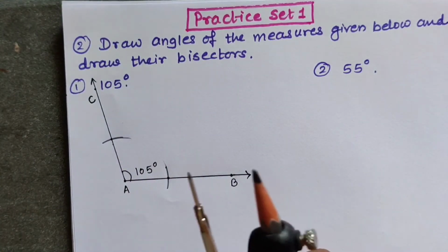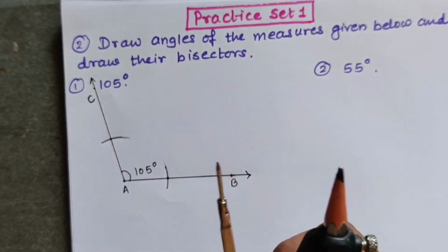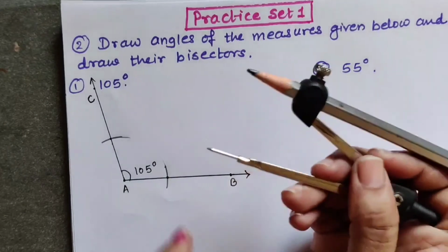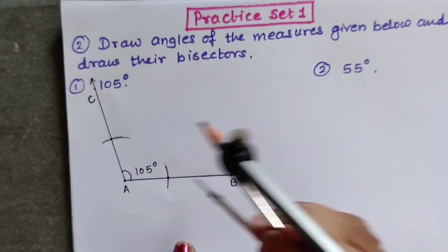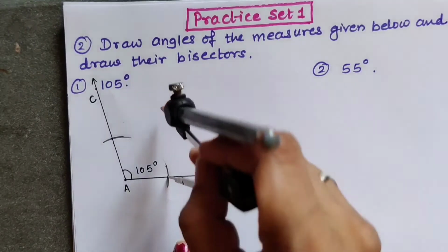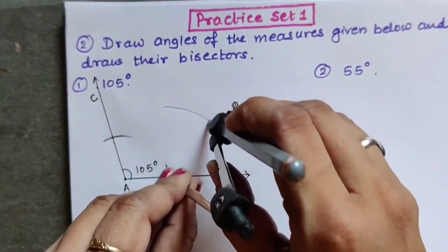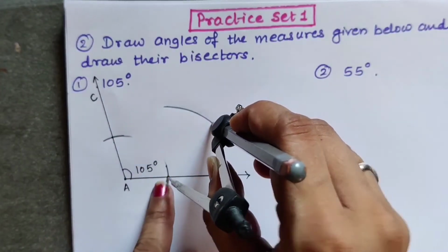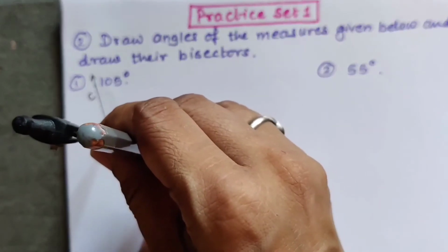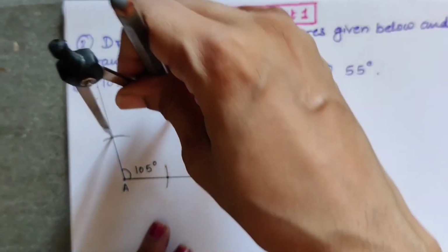Now by increasing the distance in the compass a bit, we place this pointer on this point of intersection of arc and side, and then draw the other arc inside the angle, in the interior of the angle. We will be drawing one arc from this point and the second arc from the second point which intersects the first arc.